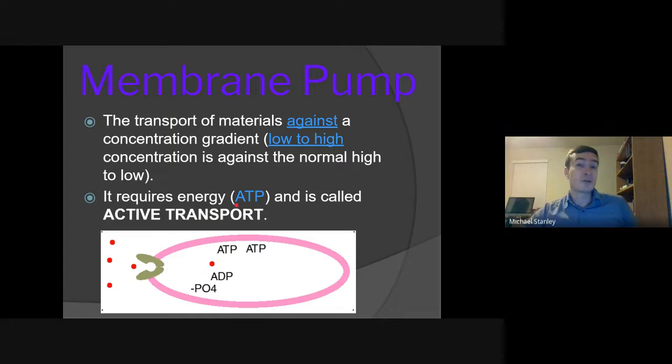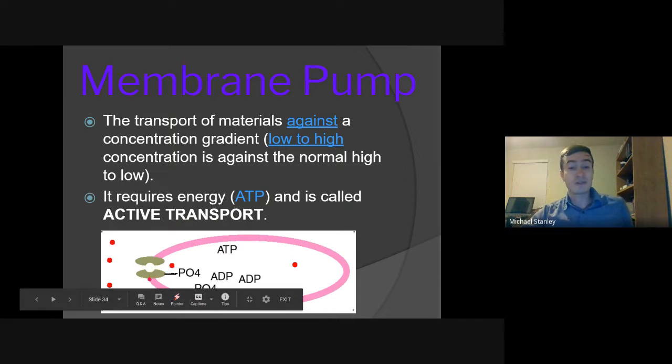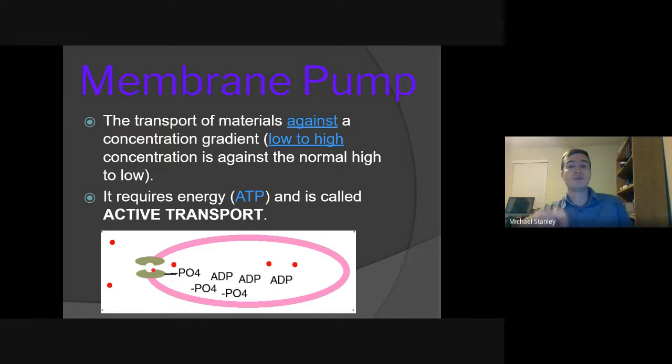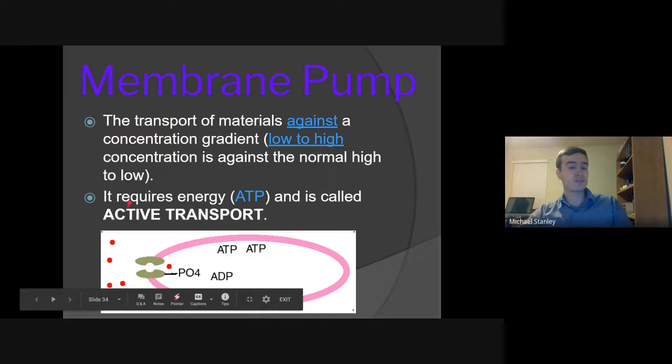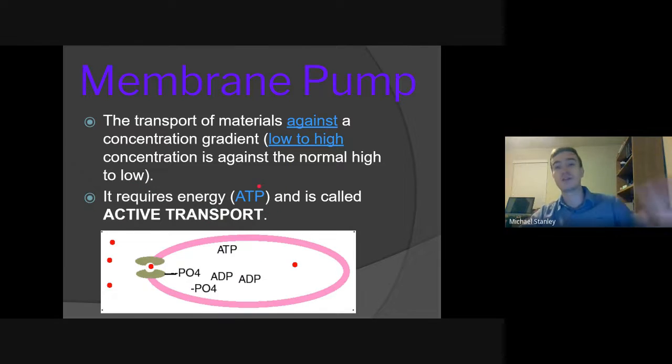When we break it apart, it releases energy, and the membrane protein uses that energy to take the particle against the concentration gradient. So active transport, all about energy, needing that energy to force the particles where the cell wants them to go.